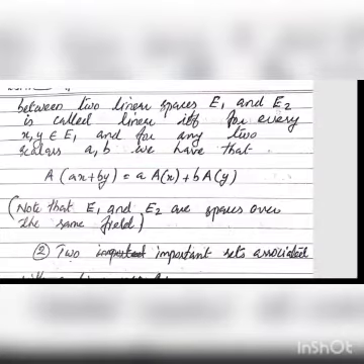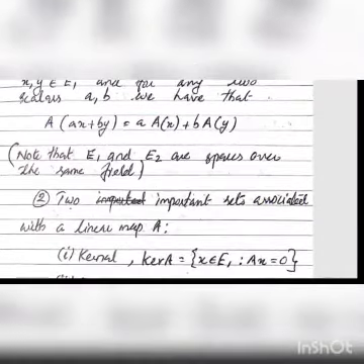So two important sets associated with a linear map are the kernel and the image set. The kernel of A is defined as the set of all x belonging to E1 such that Ax = 0. That means you are collecting those elements in E1 that map to 0. Now the image we denote as Im A, that is {Ax : x belongs to E1}.